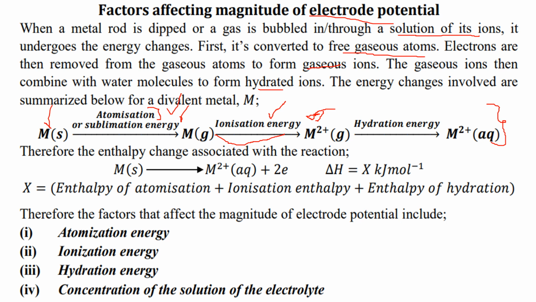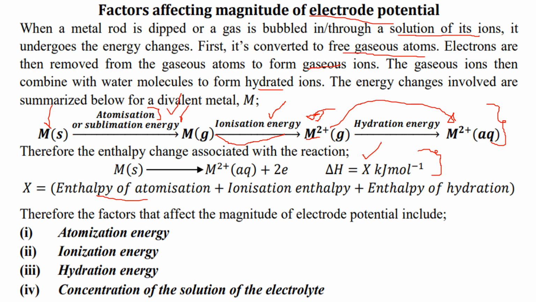So the moment the gaseous atom is converted into a gaseous ion, this gaseous ion is hydrated to form an aqueous ion, which is going to be in solution so that we can measure its standard electrode potential. So therefore, the enthalpy change associated with the following reactions is going to be as follows. We are going to have an energy change at the end of it all, but this energy change is going to depend on all the energies.